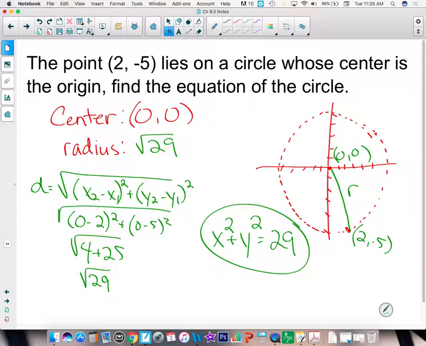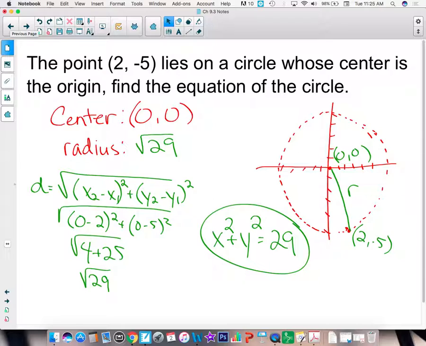Do you always write x squared plus y squared if it's 0, 0 for your center point? Like if it says that your center is the origin, then yeah, it's just x squared plus y squared. So the origin is 0, 0. Yes. It could tell you that your center point is somewhere else. It could say that your center is like -2, 3, but then you have to change this a little bit.